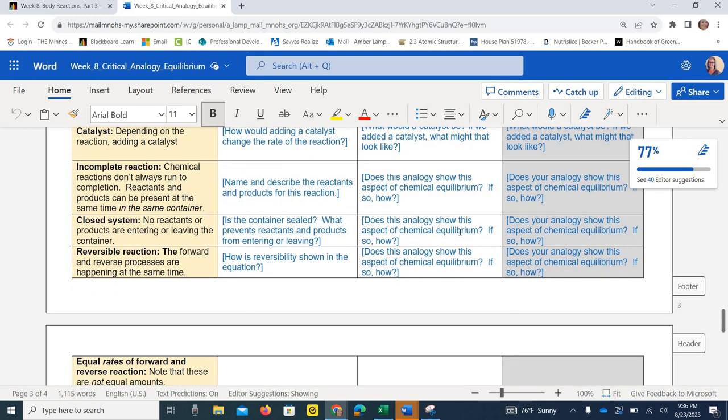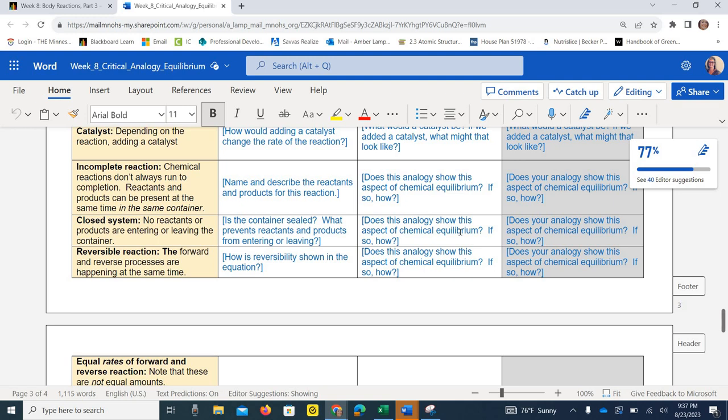The next one is incomplete reaction, and the definition for that is a chemical reaction that doesn't run to completion. So meaning we can have reactants going to products, but we can also have reactants still be present in the same container. So if I have an incomplete reaction, I still have people on one side versus the other within my analogy, because not everybody's going to be on the same level.